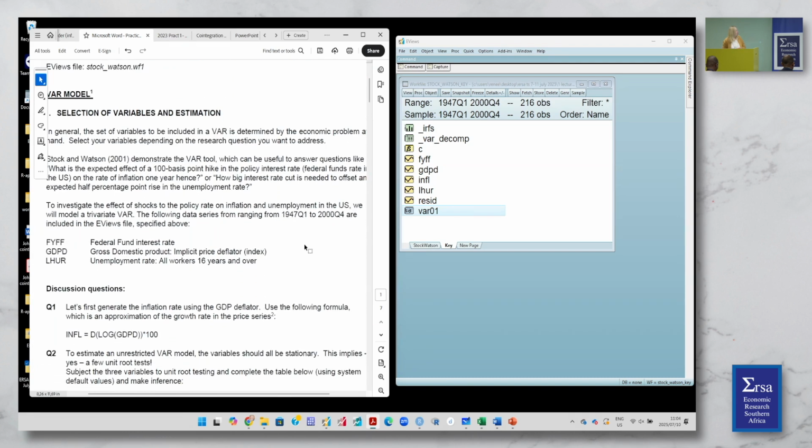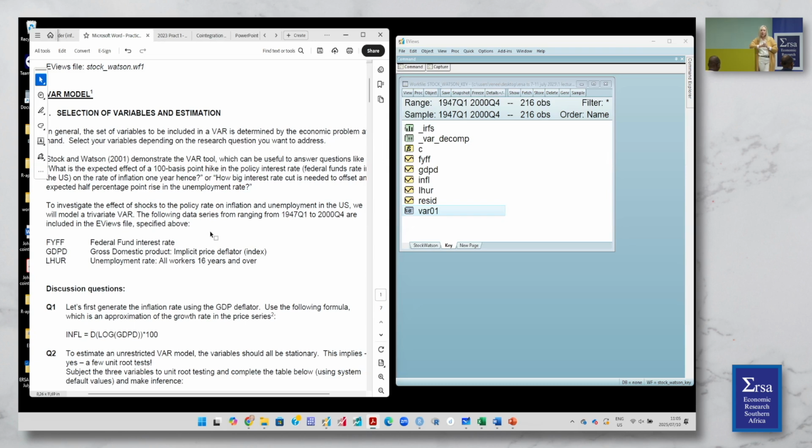Okay, so the labeling of the variables, I didn't change it from what it is in the paper. The FYFF variable is just the federal funds rate, the policy rate. And then the GDPD is the implicit deflator of the GDP. So the choice here, why working with the full GDP basket as opposed to the consumer basket?